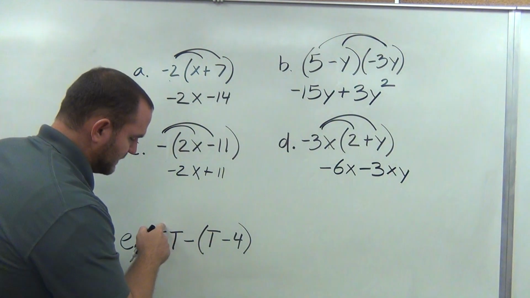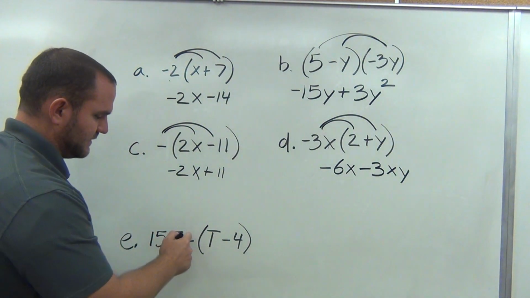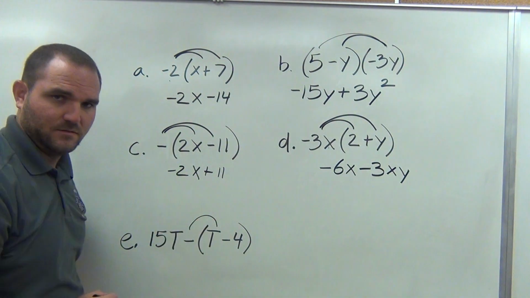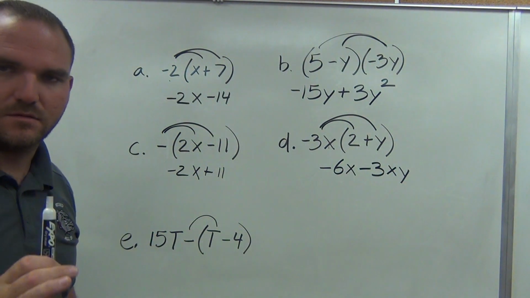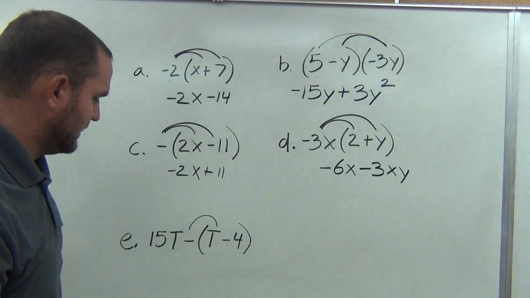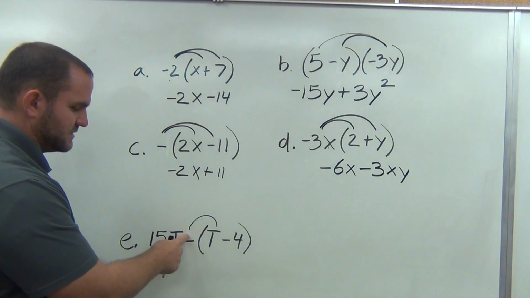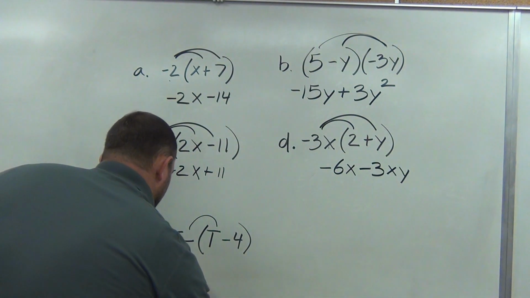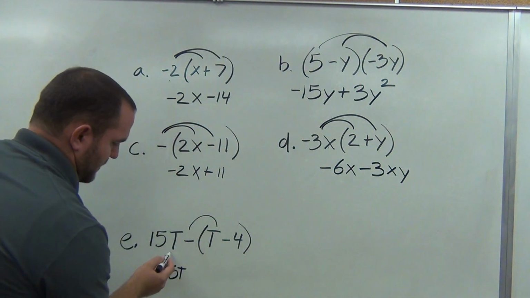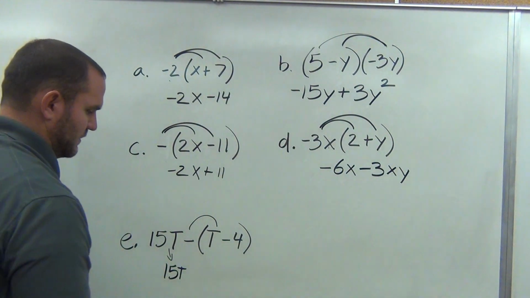So instead of taking the 15t, we need to take the negative and distribute that one in. Okay, it's whatever is next to the parentheses. It's not the first number; it's whatever is next to it. So our answer here would be 15t, just dropping this one down. I'm not doing anything with it yet.